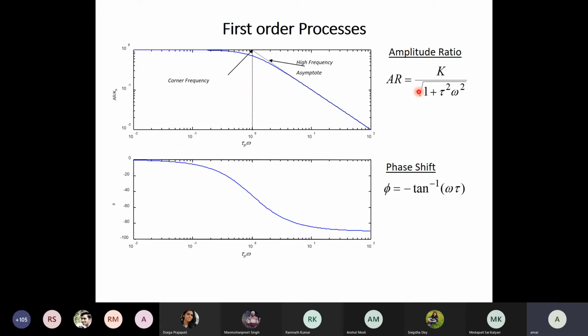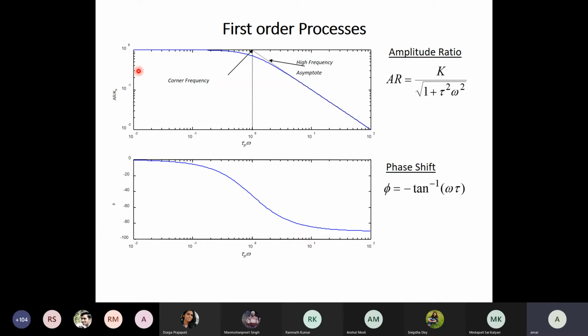So if you see, AR is given by k by root over 1 plus tau square omega square, and if I put tau omega equal to 1, that is omega equal to 1 by tau, then I will get AR equal to k by root 2, which is 0.707 k.